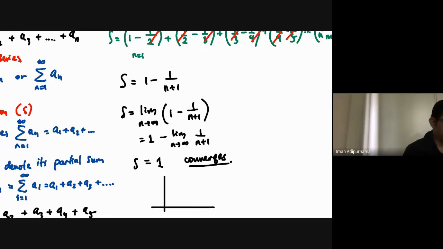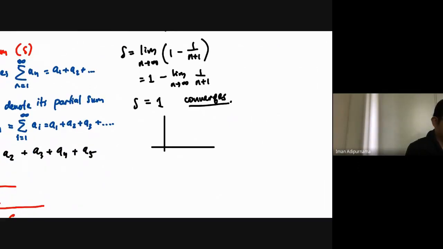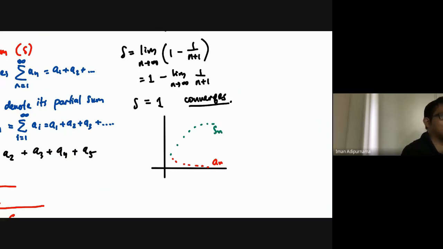And if you look at the graphs, AN will be converged to below and SN will be converged to above them.